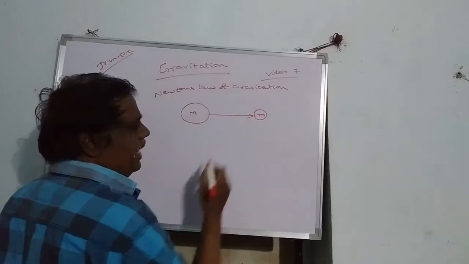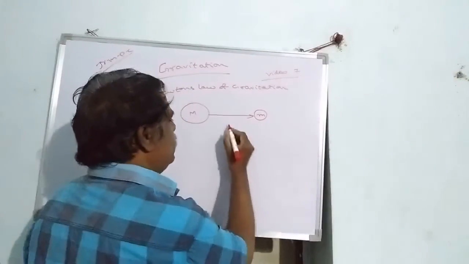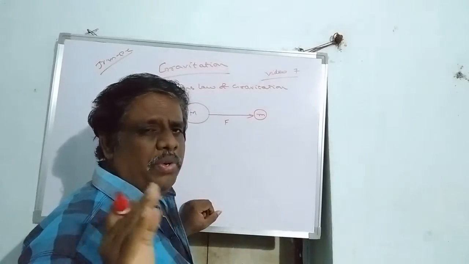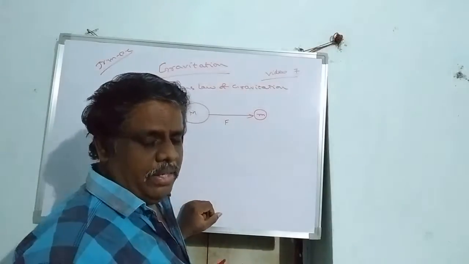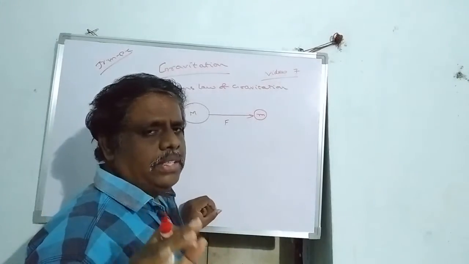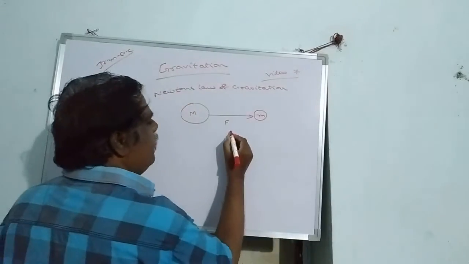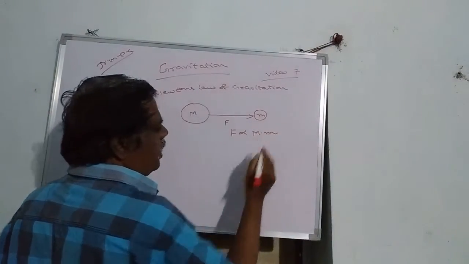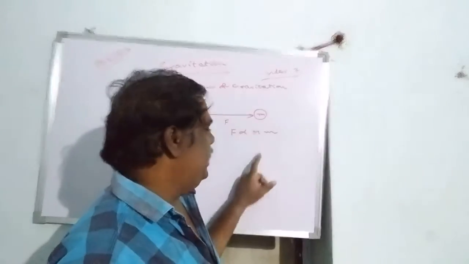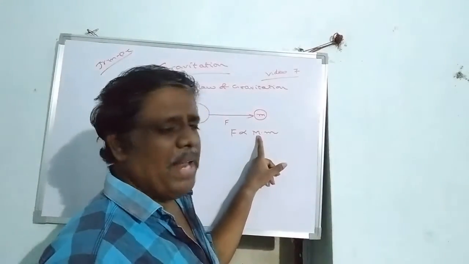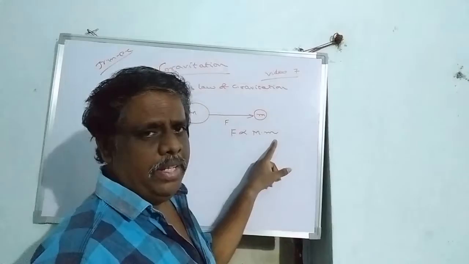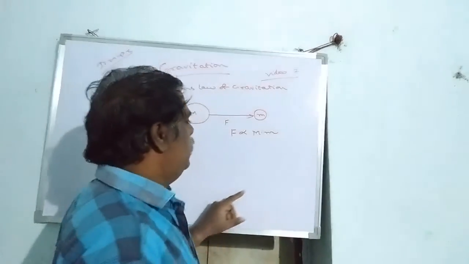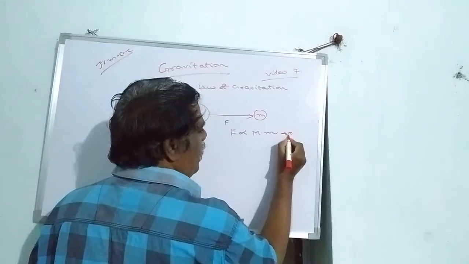This planet will attract the other body with a force F. According to Newton's law of gravitation, this force of attraction is directly proportional to the product of their masses, the mass of the planet and the mass of the object. Every body attracts the other body with a force. Let us say this is equation number 1.